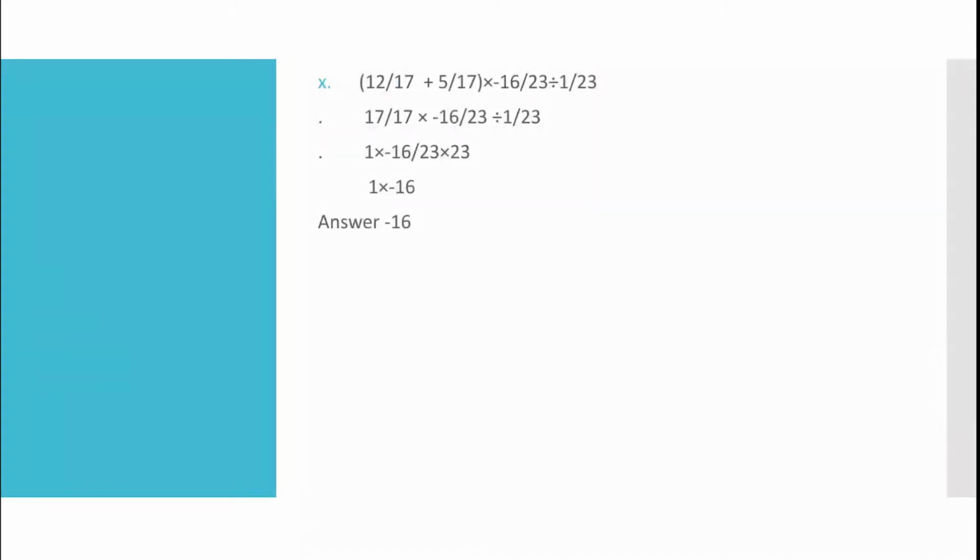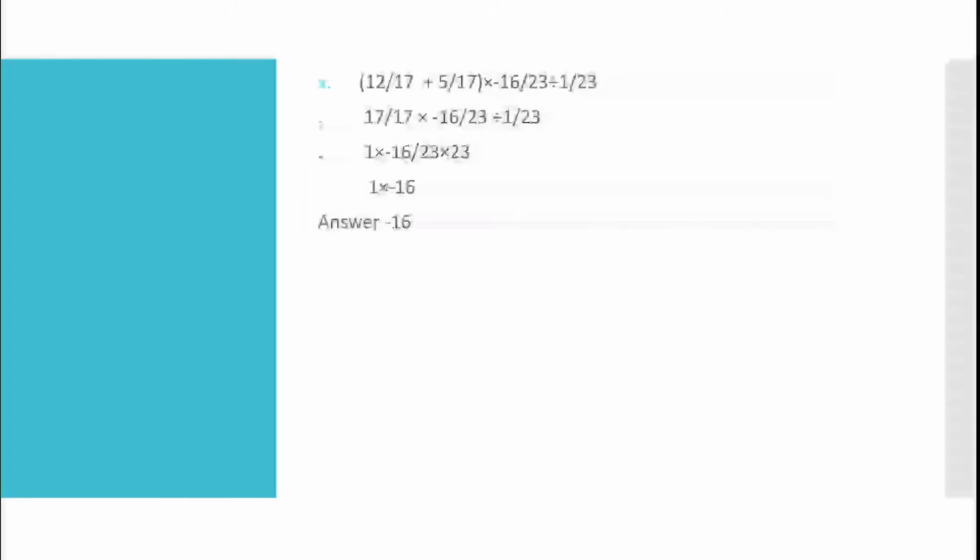12 by 17 plus 5 by 17 multiplied by minus 16 by 20 divided by 23. Now here first of all you can see the denominators are the same, 17, so we can add 12 plus 5, 17 by 17. Now here minus 16 by 23, divided by 1 by 23.